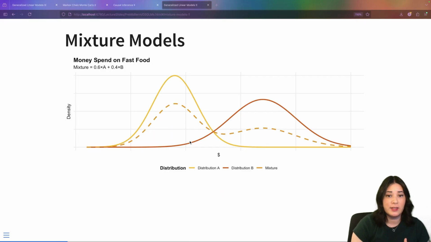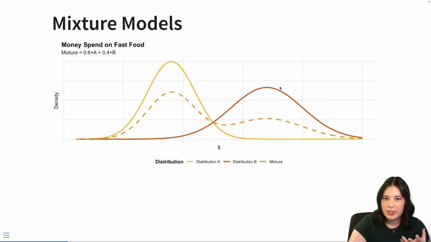Here's a more specific example. So let's say we're looking at the amount of money that people spend on fast food. Well, let's say that there's two kind of categories of people on how they spend on fast food. There's people that spend a lot, but it's more varied, so like this distribution, and there's people that spend a little bit less, they're a bit more consistent.